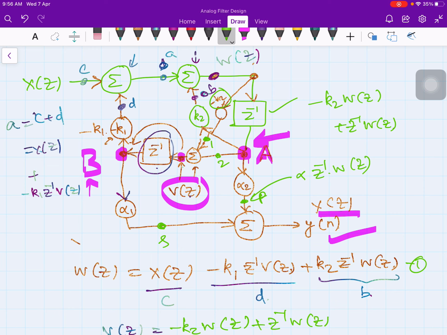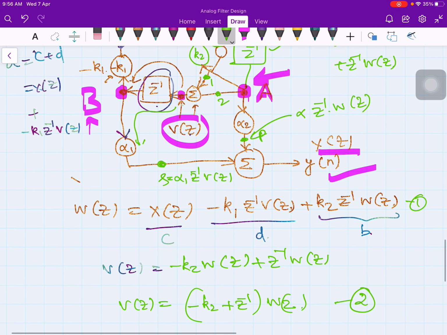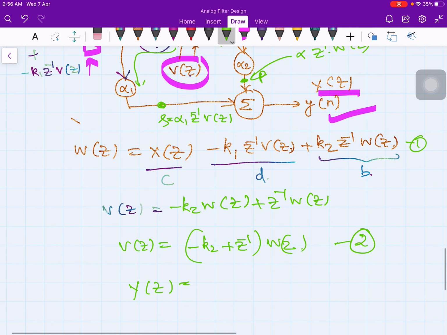What about at point S? The v of z is coming like this. So it is multiplied by alpha 1 at point S and then delayed by one sample and then v of z. So I have alpha 1 times z inverse v of z plus alpha 2 z inverse w of z. Let's call this equation number 3.